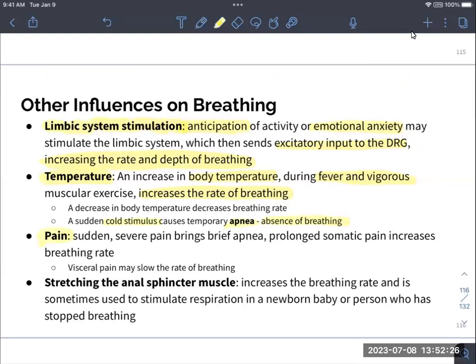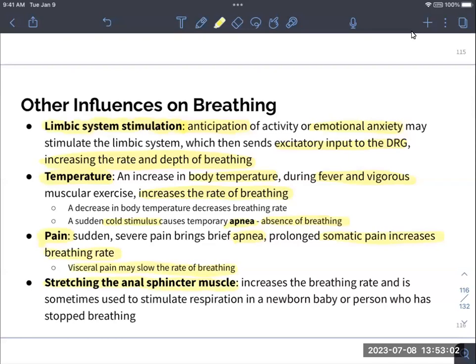Pain. Of course, pain is going to change your breathing rate. It can bring on that absence of breathing, that apnea. It can eventually increase your breathing rate. Visceral pain can slow your breathing rate. So visceral pain would be anything in the chest or abdominal pelvic cavity. Again, stretching of the anal sphincter actually increases the breathing rate.